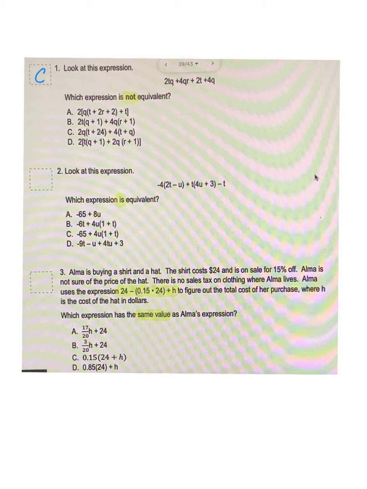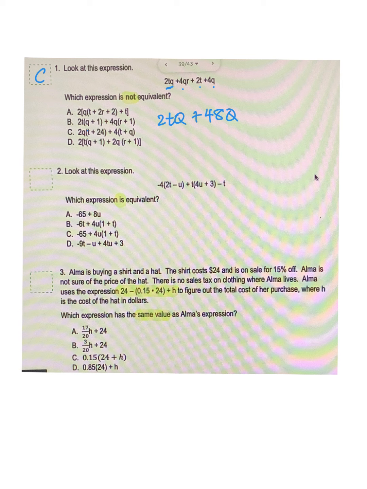But let's distribute it just for C. 2q times t is 2tq. That's the first term. And then we have the 2q times 24. It gives you the 48q. That's not any of these. So right there, you could stop and say, okay, I already know it's not there. But let's keep going.